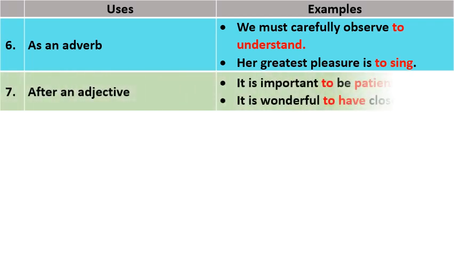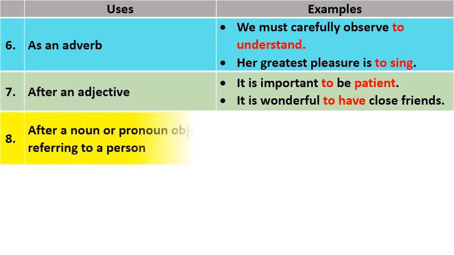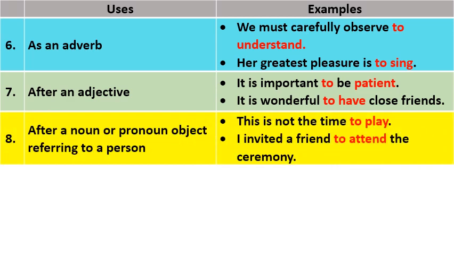Number 7, it is used after an adjective. For example, it is important to be patient. So here to be patient is used after an adjective. It is wonderful to have close friends. Number 8, it is used after a noun or pronoun object referring to a person.